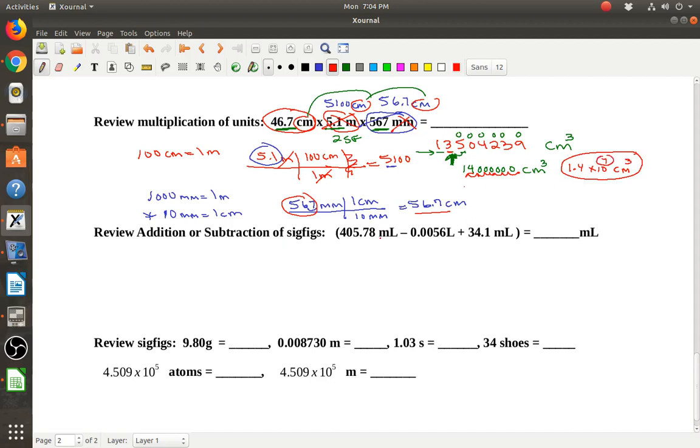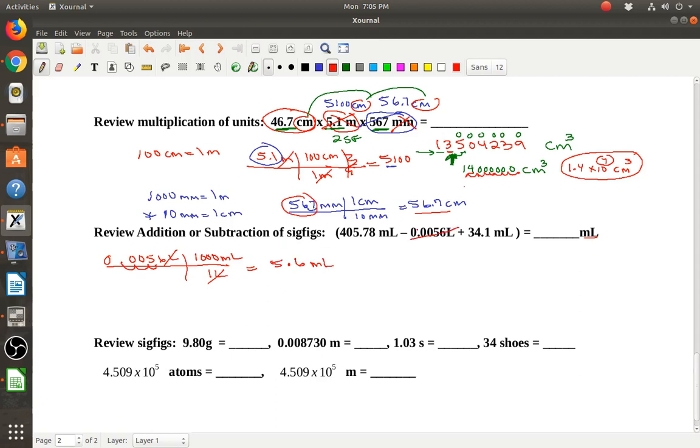All right, now we're going to review addition and subtraction of sig figs. I want your answer to be in milliliters, so we have to convert these liters into milliliters. 0.0056 liters. There are 1,000 milliliters in 1 liter. So we're going to multiply by 1,000, which is 5.6 milliliters.